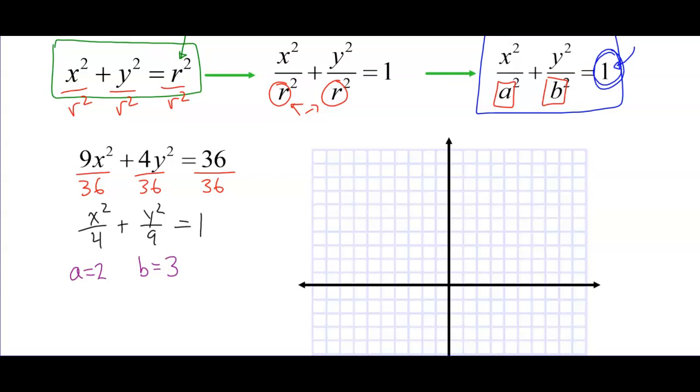And the vocabulary I use to refer to a and b, this is not standard vocabulary. It's not anything that you're going to see in any textbook ever, but I think it'll help you when you're actually drawing the picture. What I do is I call a the horizontal radius, and as you might imagine, I call b the vertical radius.